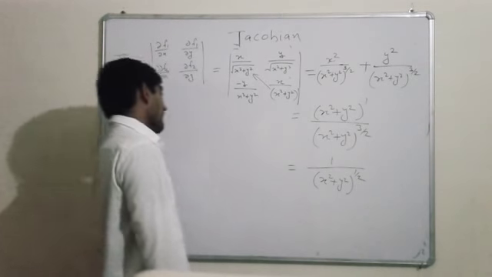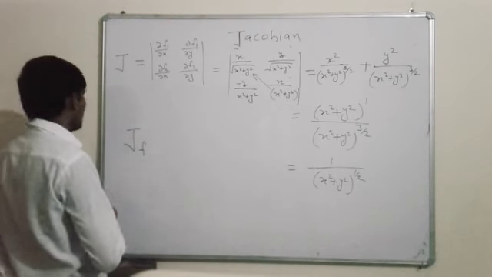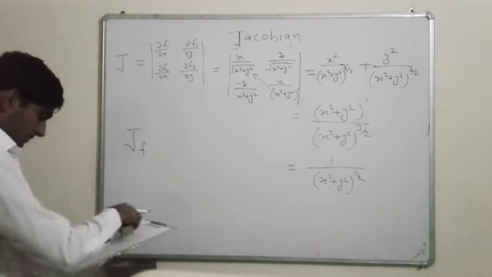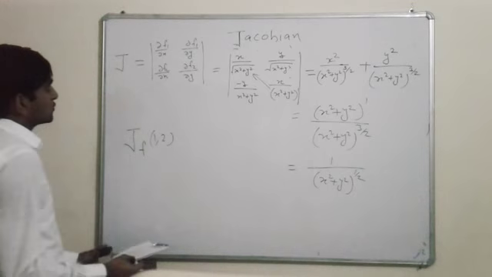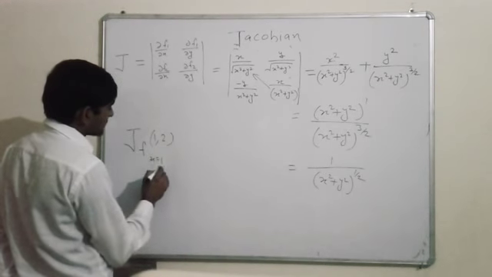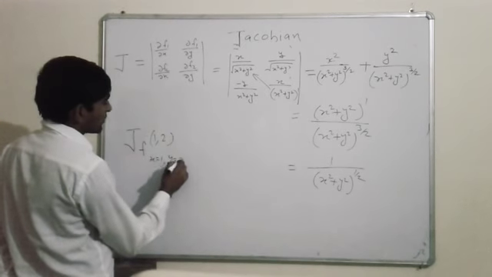So we have to find J_f at (1, 2), which means we have to put x equal to 1 and y equal to 2.